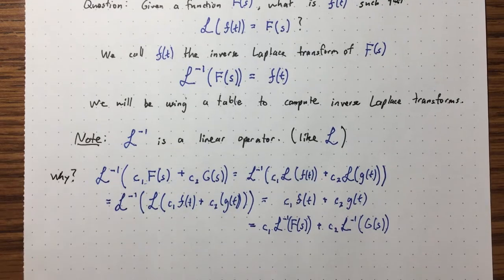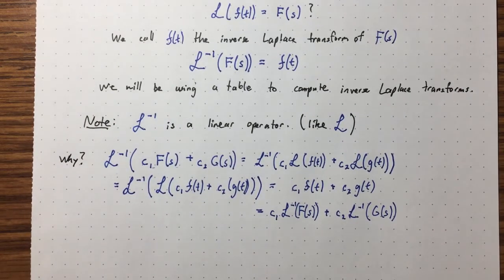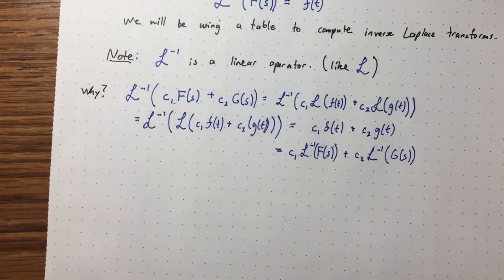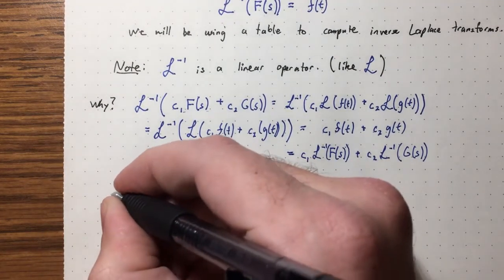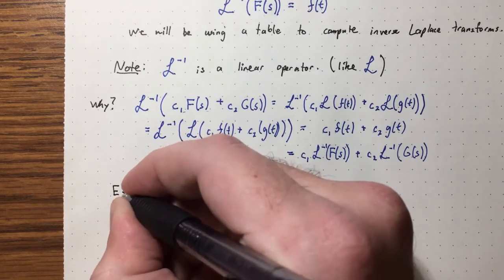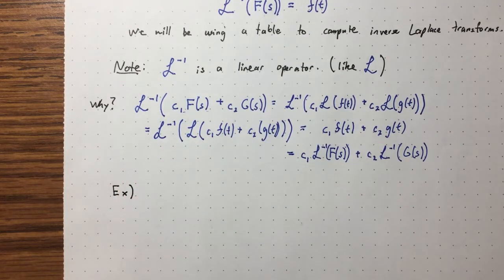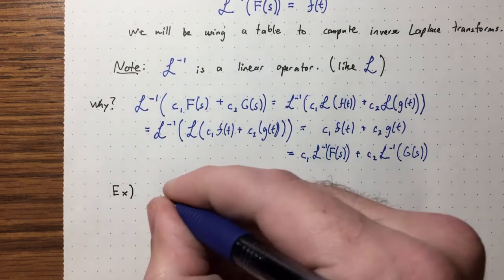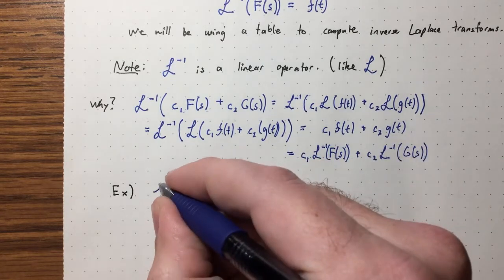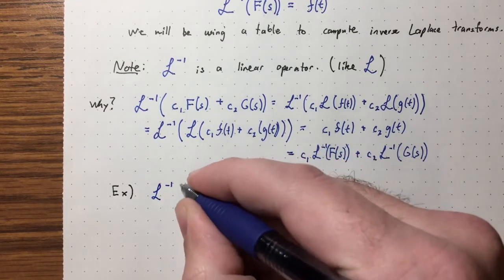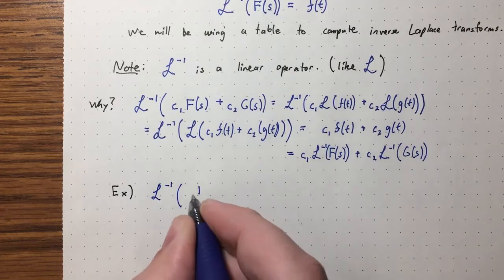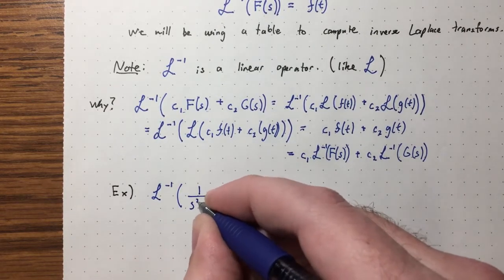And for the rest of this lecture, I'd just like to do a bunch of examples showing some of the difficulties that can arise. Okay. So, first example. Let's do the inverse Laplace transform of 1 over s squared plus 3.